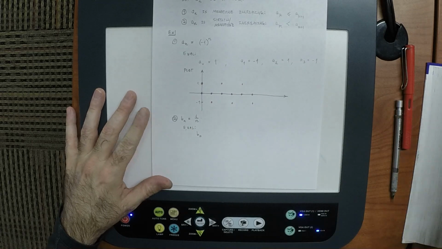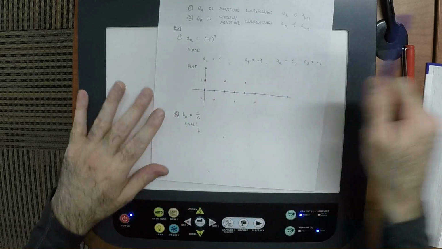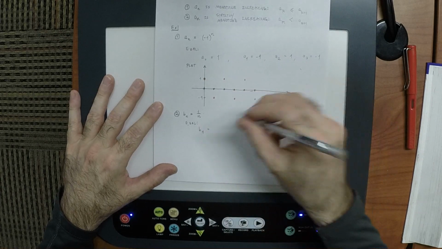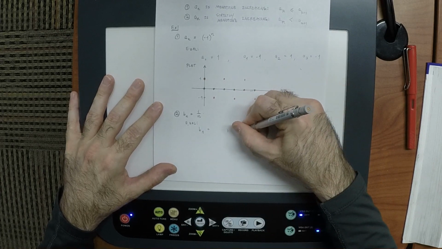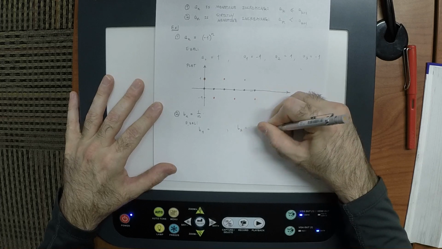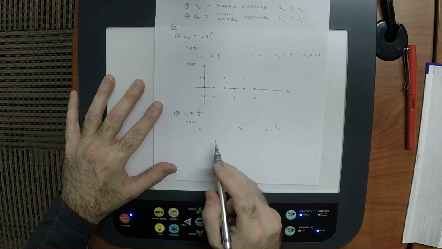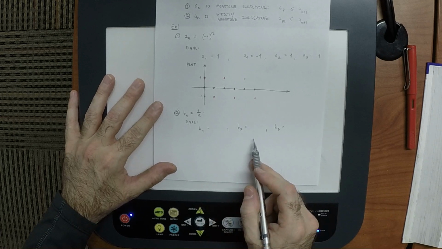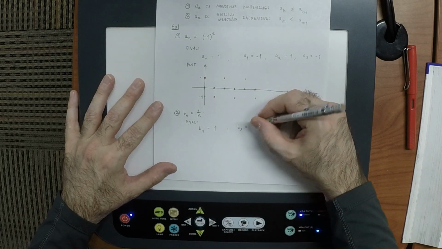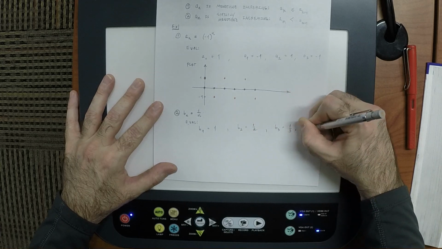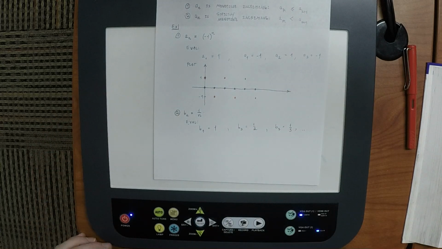Okay, so I could ask you to evaluate b_1, b_2 and b_3. So what are those? 1, a half, a third. Okay, so pretty straightforward to understand.